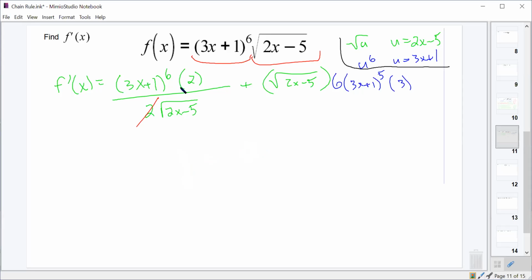All right, so first off, these 2's will cancel. Everybody agree with that? And then what can we do? To get this to simplify down, we're going to need a common denominator. So how about we multiply by root 2x minus 5 and root 2x minus 5? Yeah?